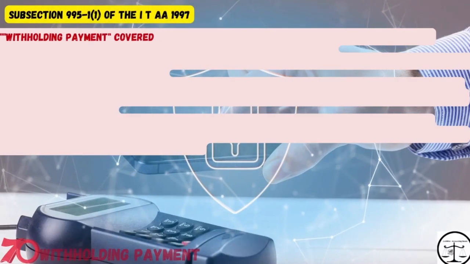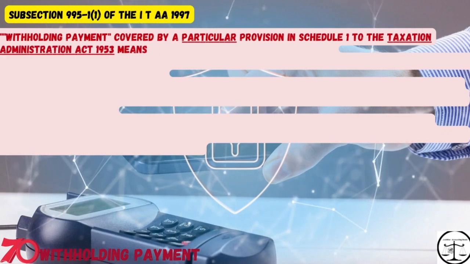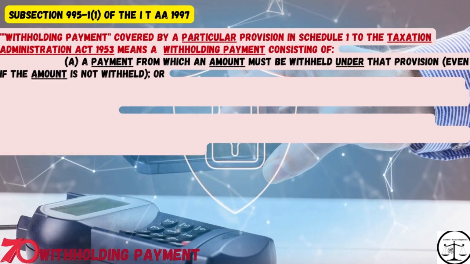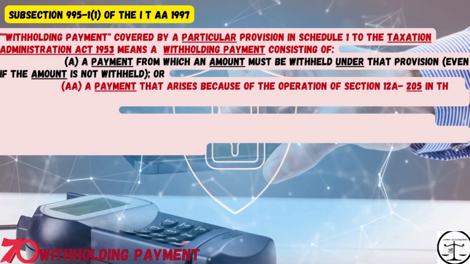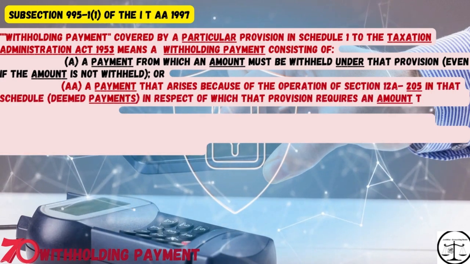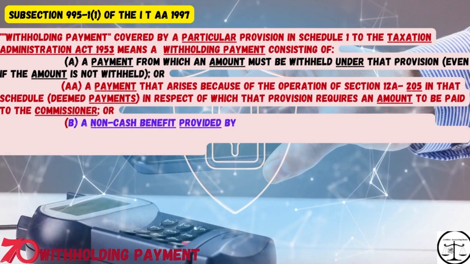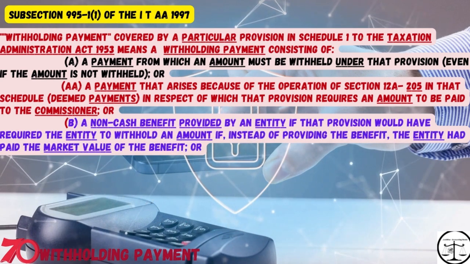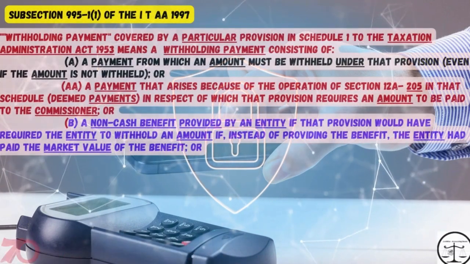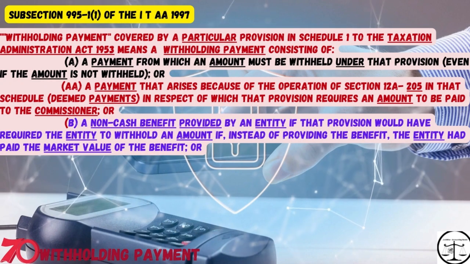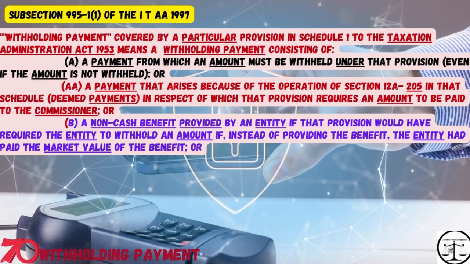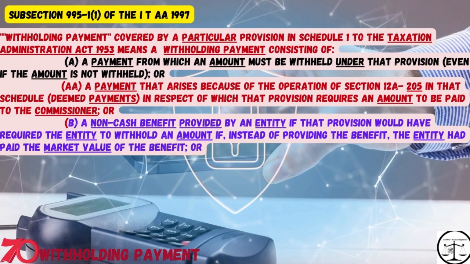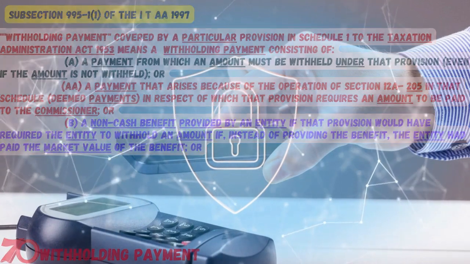Withholding payment, covered by a particular provision in Schedule 1 to the Taxation Administration Act 1953 means a withholding payment consisting of a payment from which an amount must be withheld under that provision, even if the amount is not withheld, or a payment that arises because of the operation of Section 12A-205 in that schedule, deemed payments, in respect of which that provision requires an amount to be paid to the Commissioner, or b. a non-cash benefit provided by an entity if that provision would have required the entity to withhold an amount if, instead of providing the benefit, the entity had paid the market value of the benefit, or c.